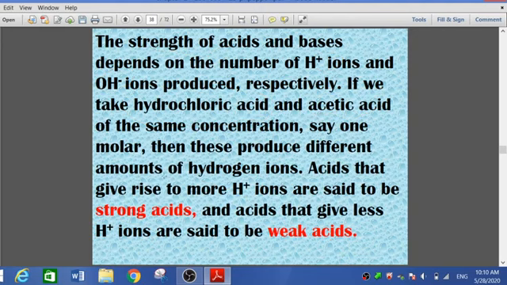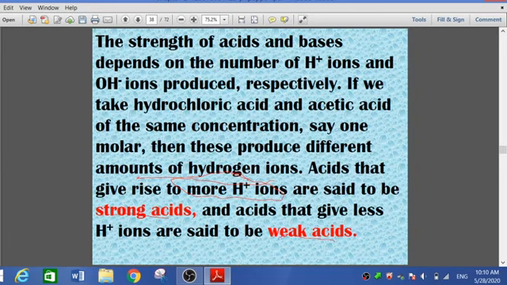Why? Because each produces a larger amount of H plus ion. When the H plus ion concentration rises, we can say strong acid, and with less H plus ion, we can say weak acid.